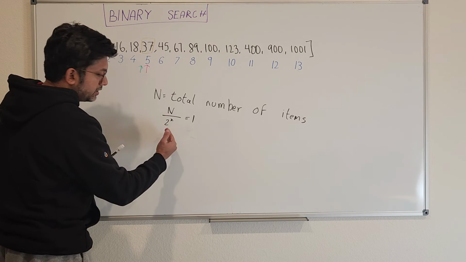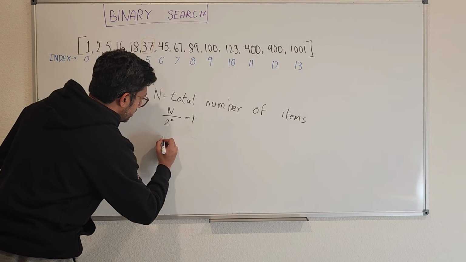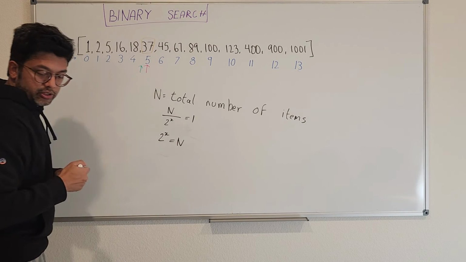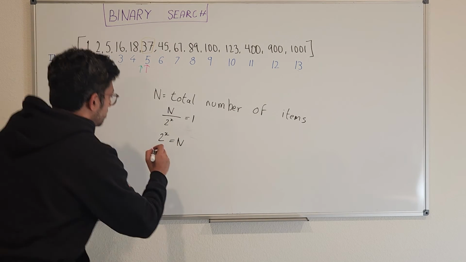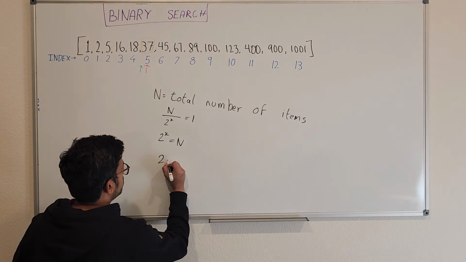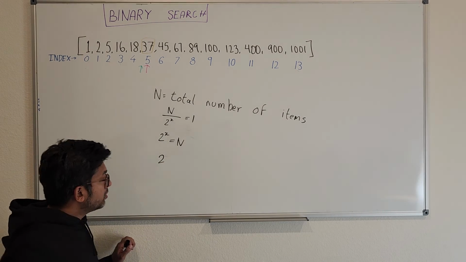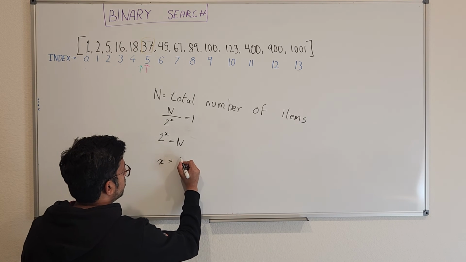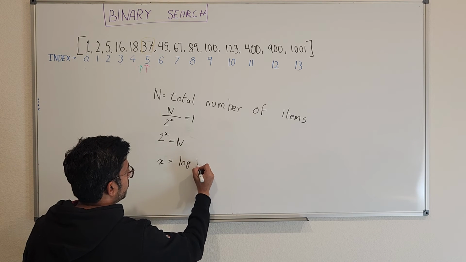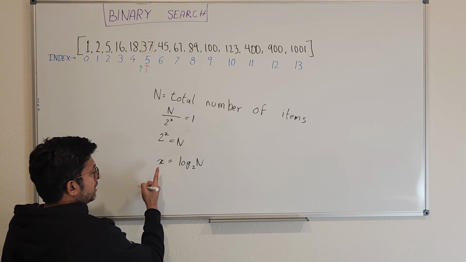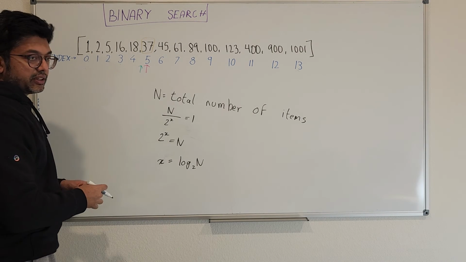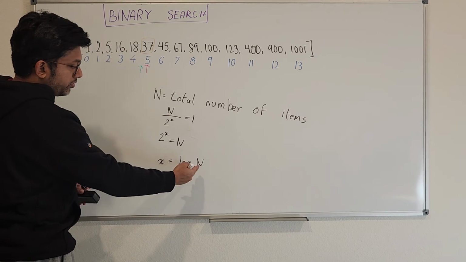So if you solve this mathematically, this is the same as 2 raised to x equal to n, which is basically x is equal to log of n to base 2. So x is the number of items you are touching. So the complexity here is log of n to base 2.